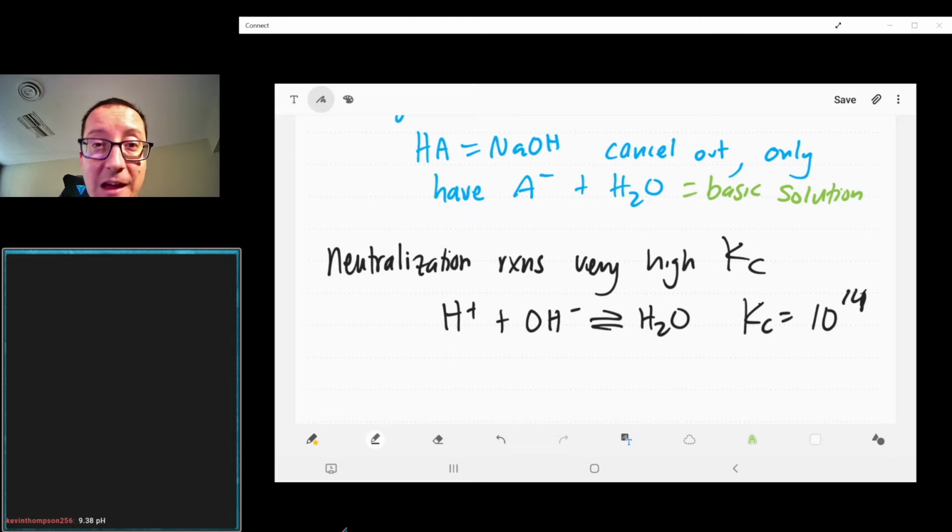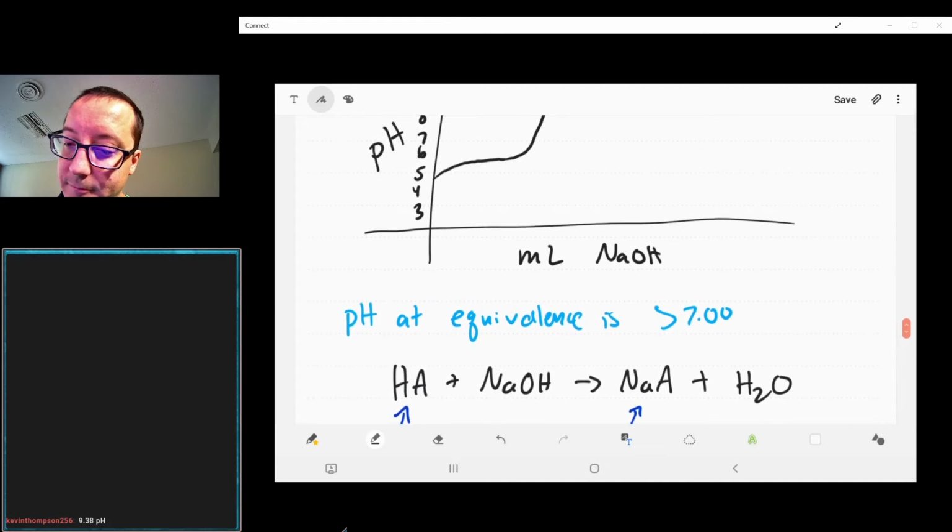So we're going to just react that H plus as soon as it goes in there. So we don't even have to worry about an equilibrium or anything with this. We can just use pure stoichiometry. Alright. However, once we're at the equivalence point, that's when we have to worry about using our equilibrium stuff. So we can use our Henderson-Hasselbalch or whatever there.